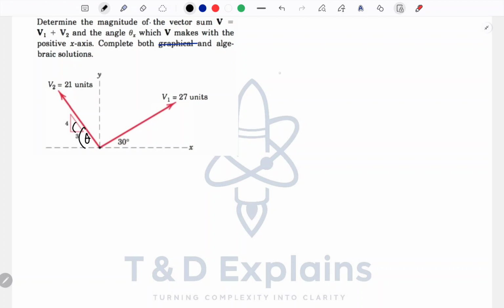So tan theta equals the opposite side over the adjacent, which is 4 over 3. Then from this you can get the angle theta to be tan inverse of 4 over 3. Put that into your calculator, you get a value of 53.13 degrees. Now we do know the value of theta.